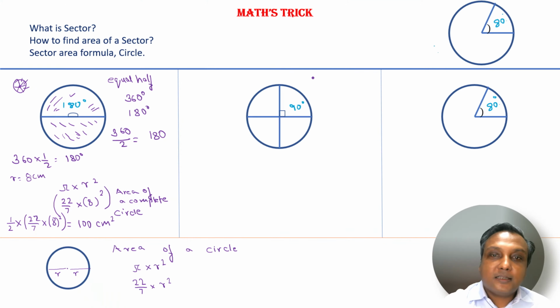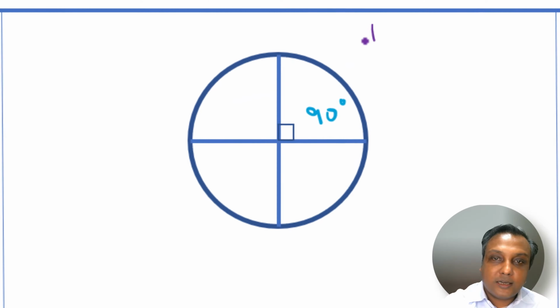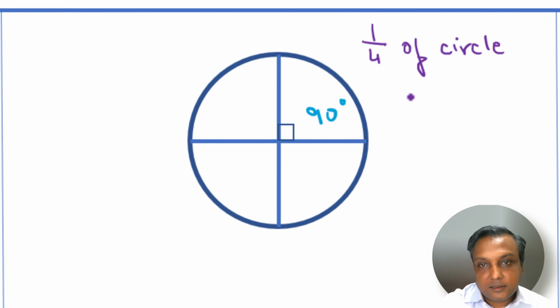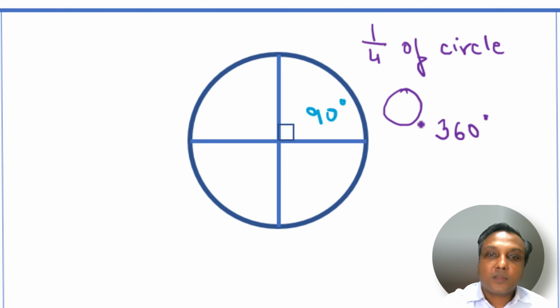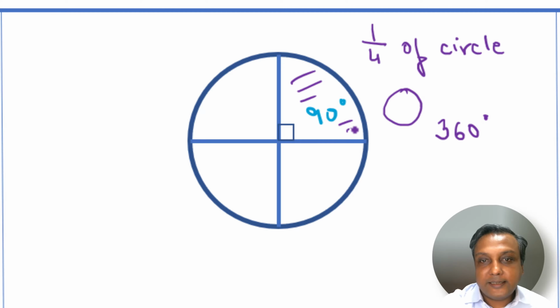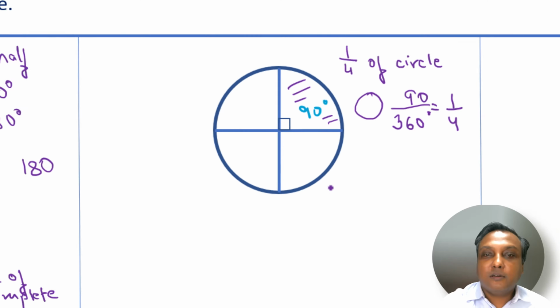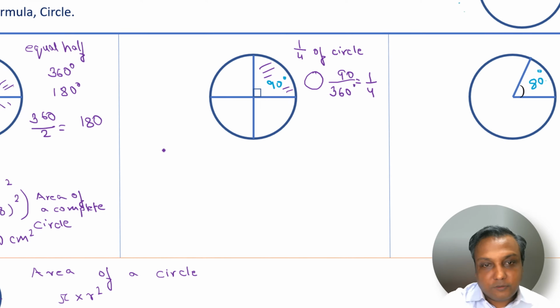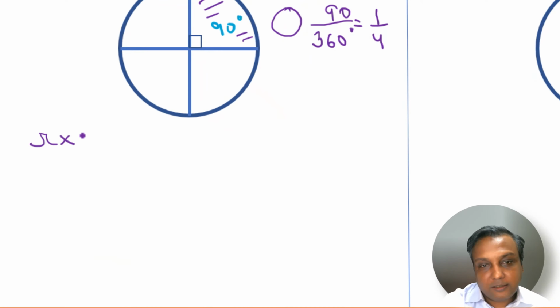Similarly, we understand that this is a quarter of a circle. The circle is 360 degrees, and now this sector is 90 degrees. So we get 1/4 of a circle. Find the area with pi into r square.